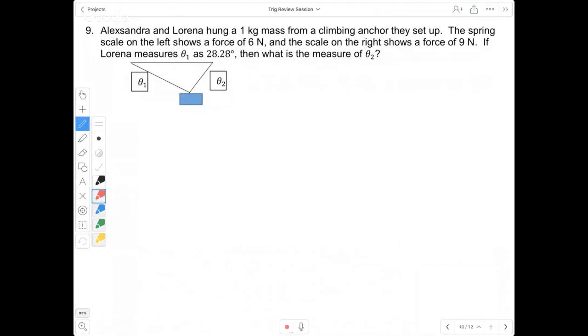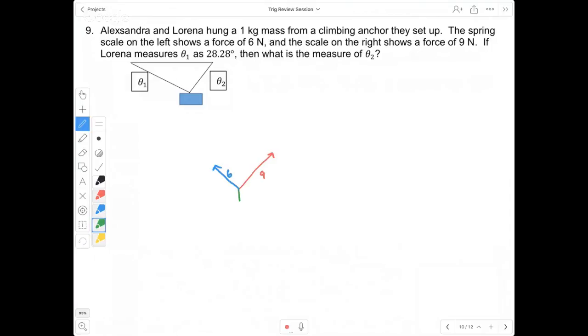I'm going to generate a force diagram. I know that theta 2 has the greater force of 9 newtons. And I know that the weaker force is going to be over here, only 6 newtons.